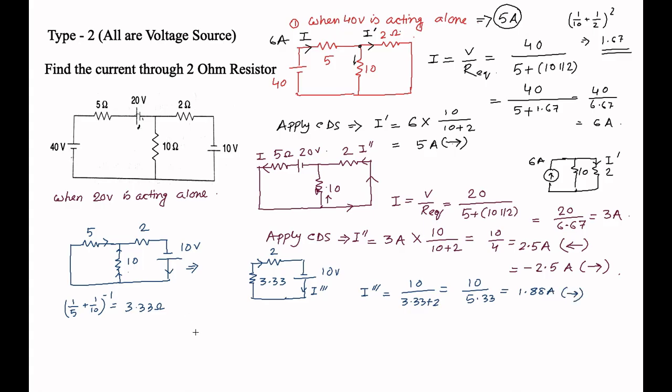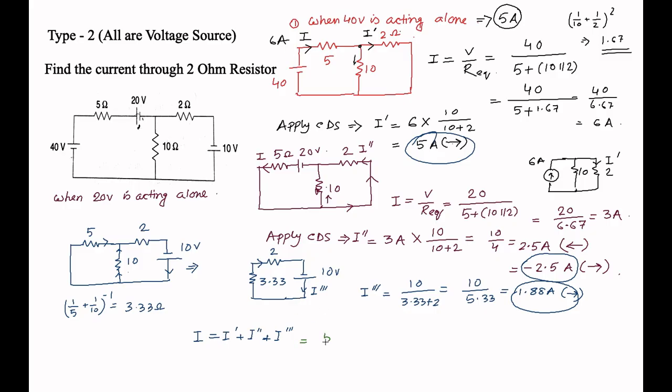So what is the I? The resultant current I becomes I dash plus I double dash plus I triple dash, and all are left to right: 5 ampere left to right, minus 2.5 ampere left to right, minus 1.88 ampere, sorry, plus 1.88 ampere left to right.